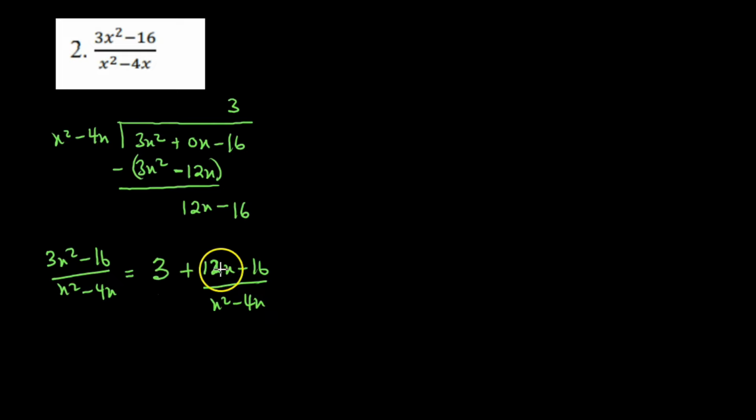So the other, which is a proper rational function now, needs to be decomposed into 2 separate functions. We are going to consider that as 12x minus 16 all on, then we write the x squared minus 4x as a factor of x out into bracket x minus 4.